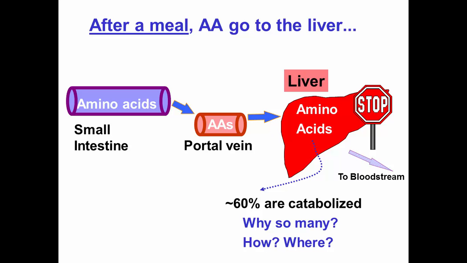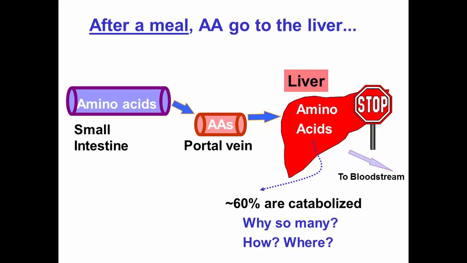And when we get to the liver, the first thing worth mentioning about amino acid metabolism is that a good proportion of them are catabolized as soon as they get to the liver, which seems a little silly, perhaps. So 60% get catabolized in first pass metabolism at the liver.